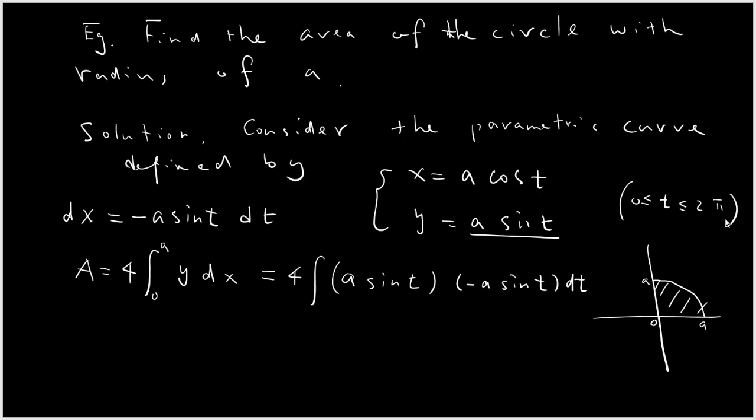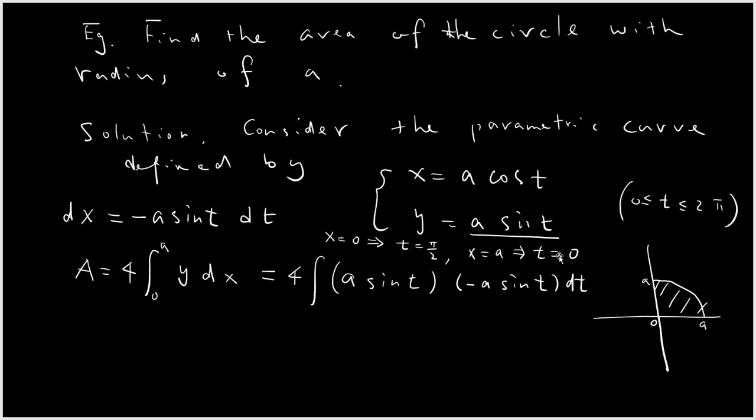Still, we have to figure out the lower limit and the upper limit. It's easy to figure out that x value of 0 corresponds to t value of half pi, the same as before. And the x value of a corresponds to t value of 0.